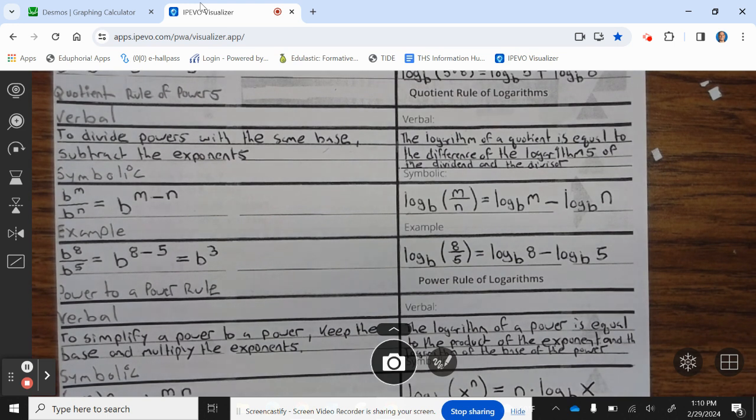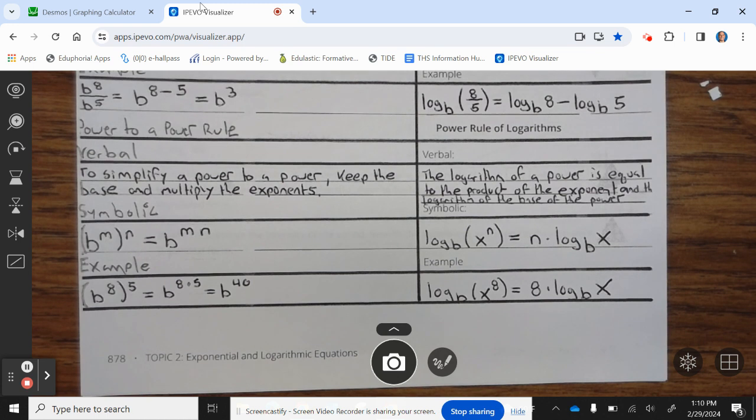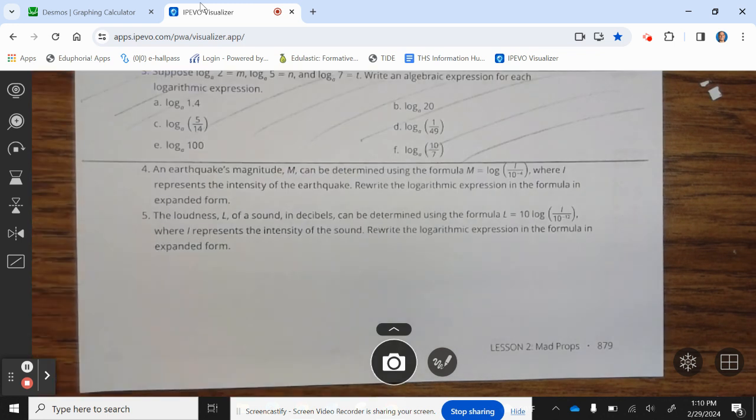All right, go ahead and complete the quotient rule of powers and the quotient rule of logarithms portion of the table. All right, go ahead and complete the power to a power rule and power rule of logarithms portion of the table. All right, let's take a look at the next page.